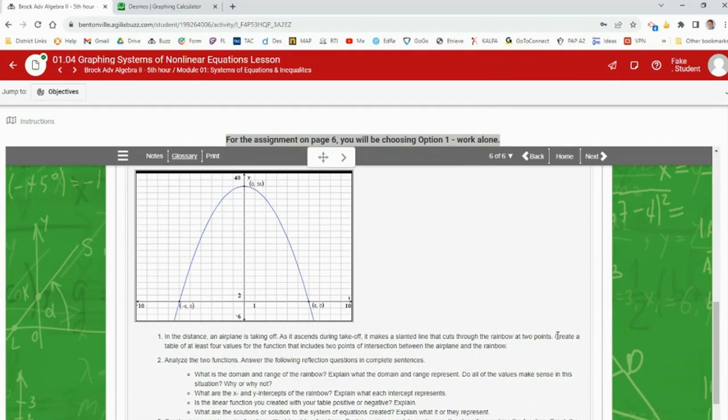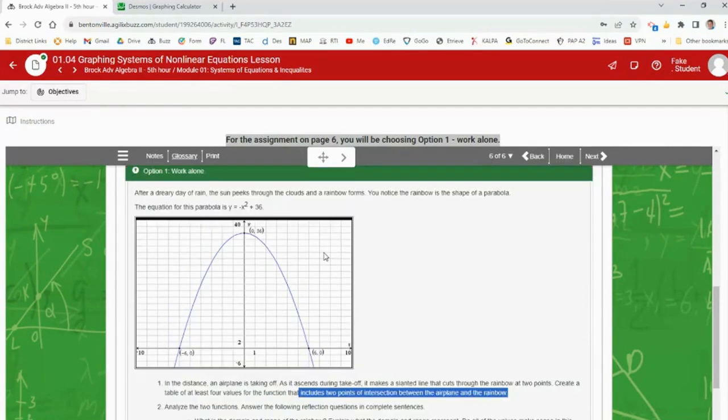So here's part 1, create a table of at least 4 values and include 2 points of intersection, 2 points where it's going to cross through this rainbow, right? Pick 2 points. And if you want to graph this on Desmos so you can play with this, you can. You can put y equals negative x squared plus 36.